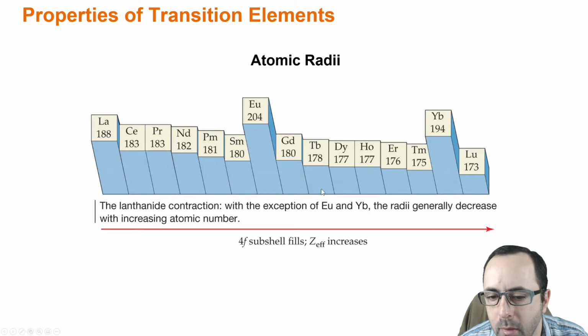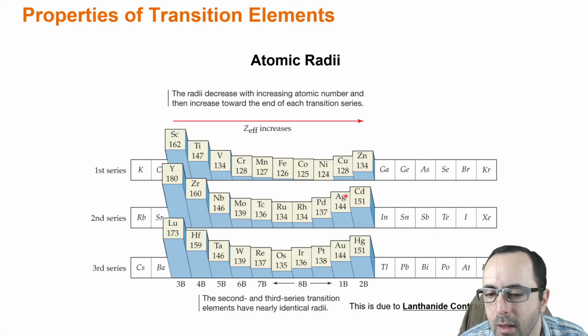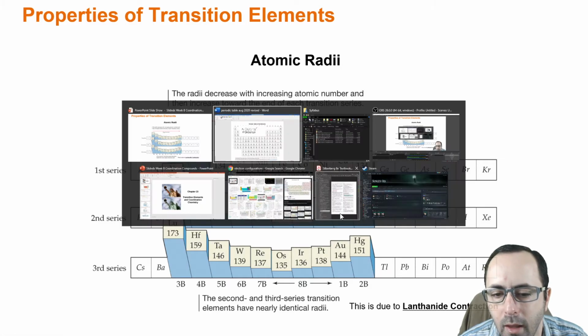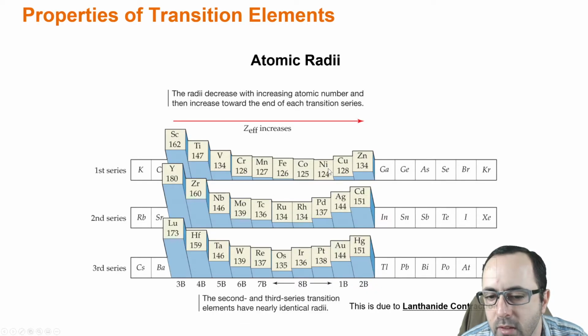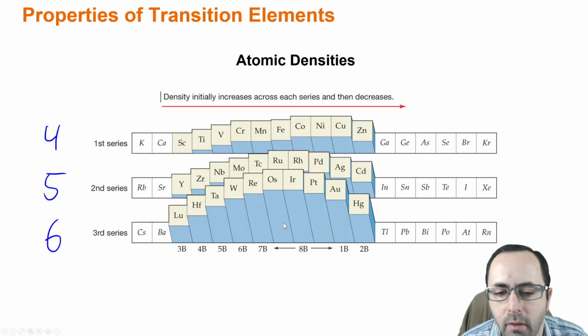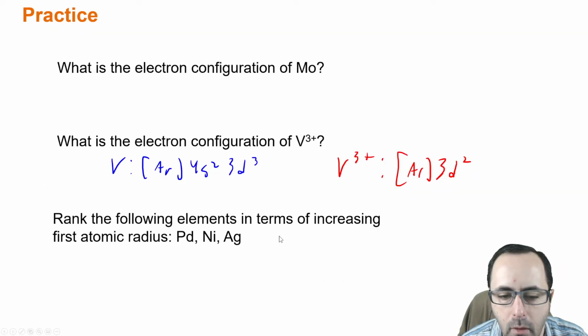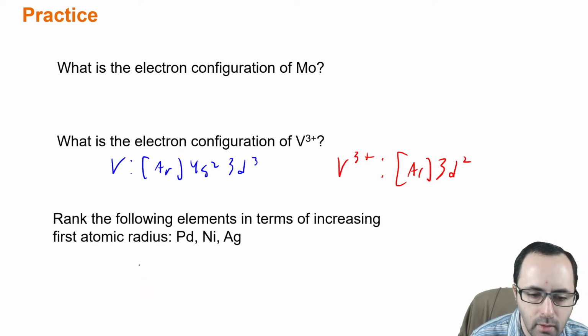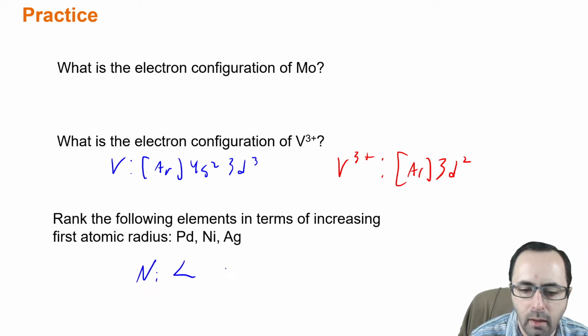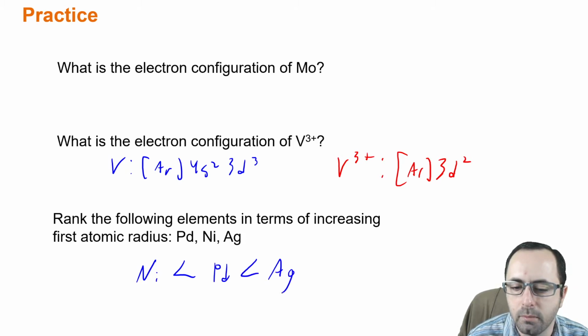So nickel is going to be smaller than palladium, but palladium is going to be smaller than silver because the radii go up near the end there. So our answer is that nickel is smaller than palladium, which is smaller than silver.